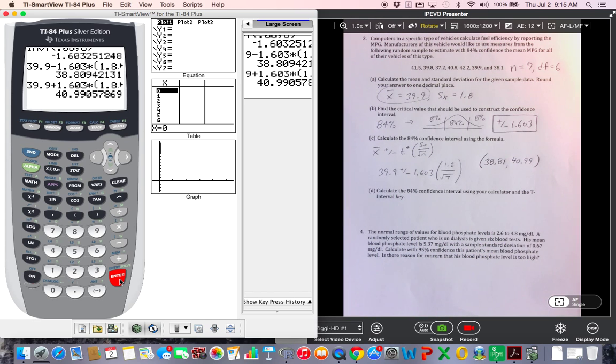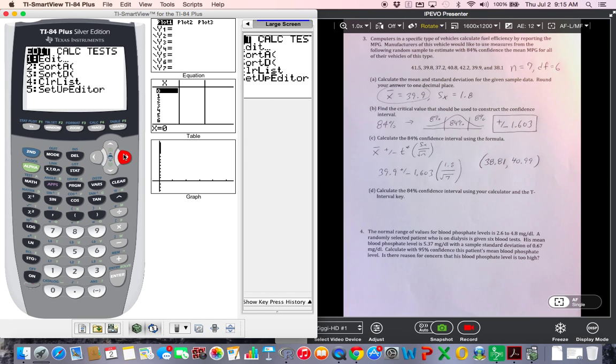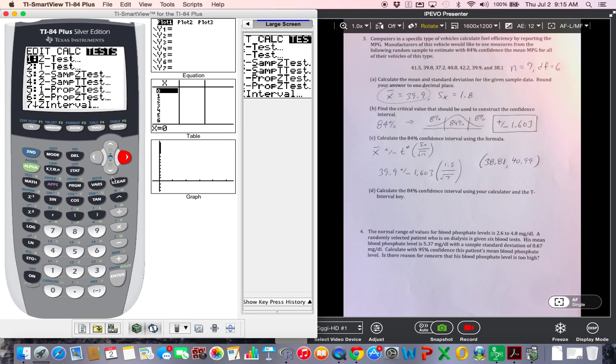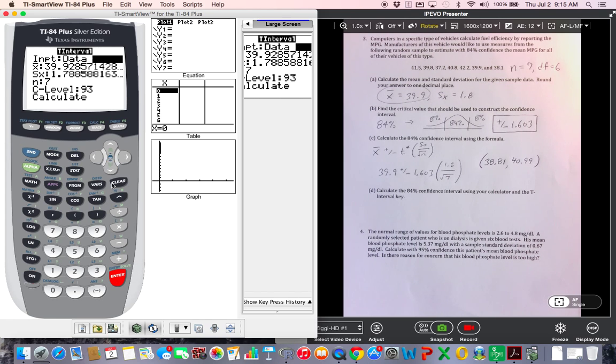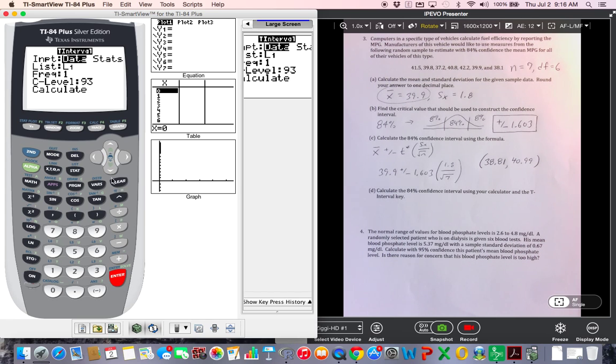Now the next thing says calculate the 84% confidence interval using your calculator and the t-interval key. Well, it's kind of cool when you can do this because it's really easy. No reason you can't. It's the reason I had you buy this $1 million calculator. Now here's a situation where I have my data typed in my calculator, so I'm going to use that.